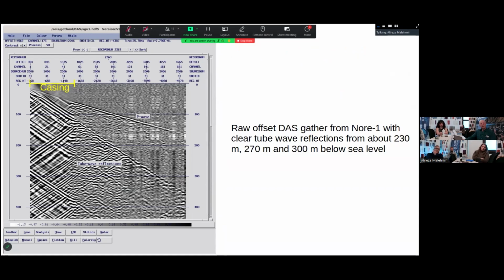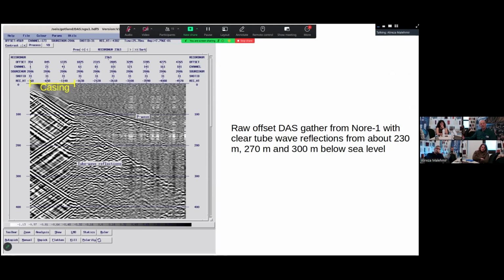This is an offset gather from the same borehole. Again, the clear P wave. We see the casing response, and here we see clear tube wave reflections being generated by the downgoing tube wave. This tube wave reflection here corresponds to where the P wave is also generating a tube wave reflection and a downgoing tube wave.